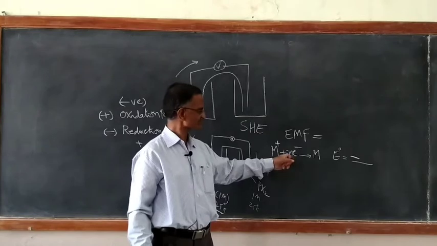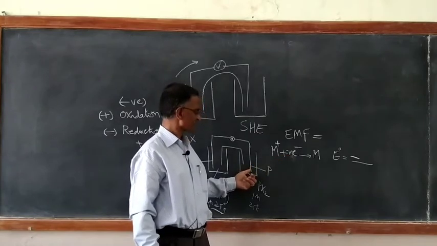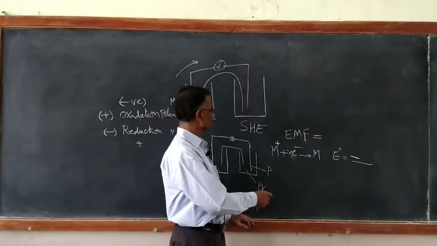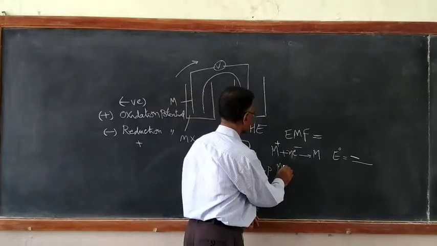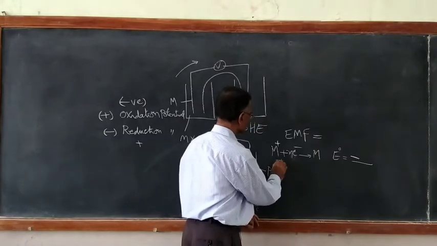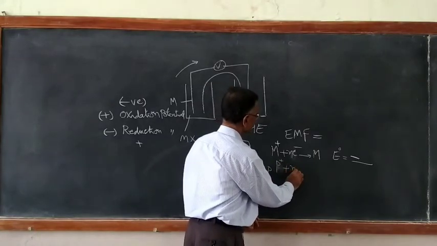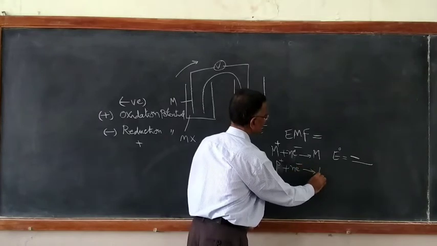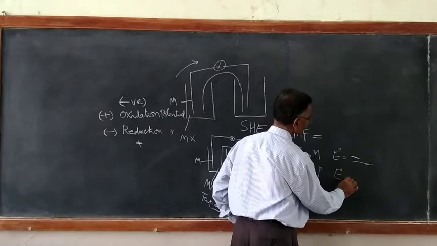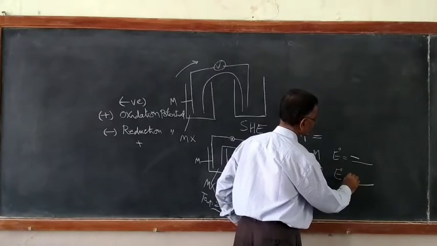This value is known. For this value, in this electrochemical cell, if I find P^n+ plus n number of electrons give P, for this also I should give the electrode potential value. The electrode potential value is plus.